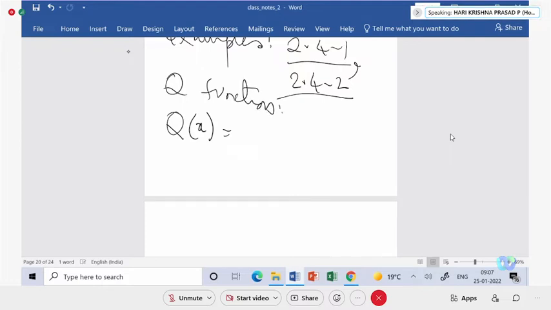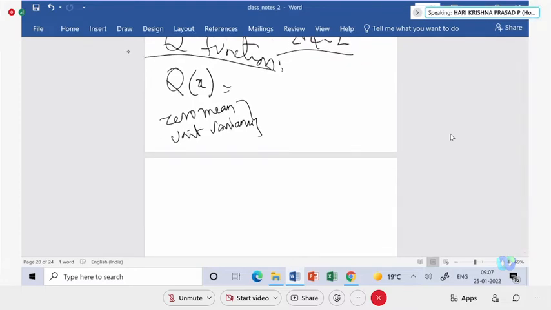By definition, this Q function is the area under a zero mean and unit variance random variable. So let me write down the area. See, it is area, so integration, zero mean and unit variance.